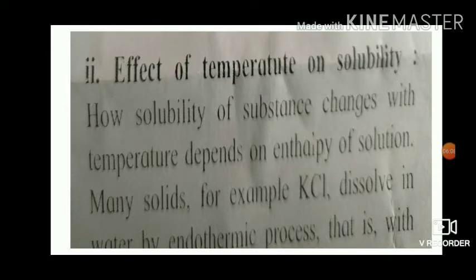Then we see the second factor, effect of temperature on solubility. How the solubility of a substance changes with temperature depends on the enthalpy of solution.